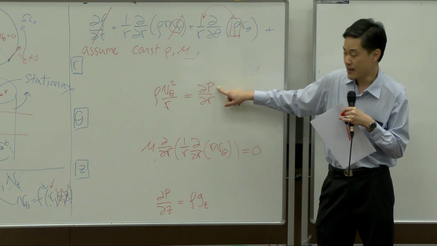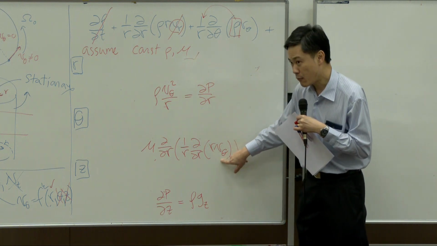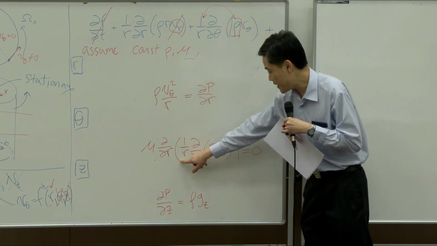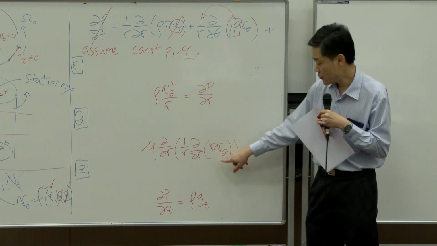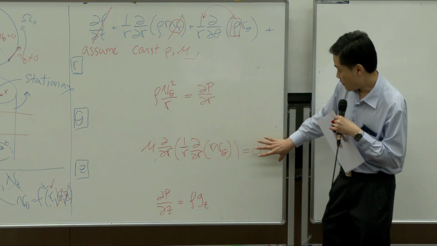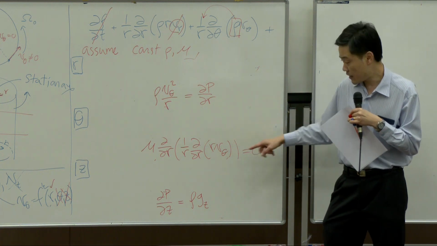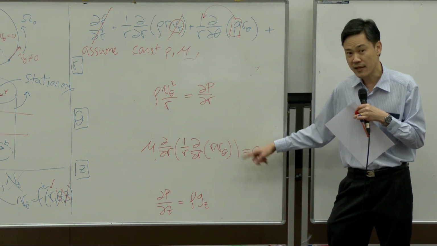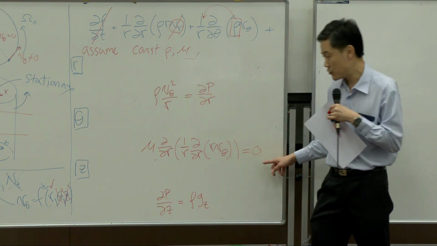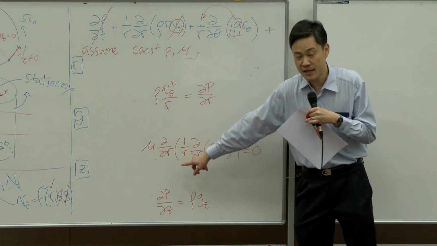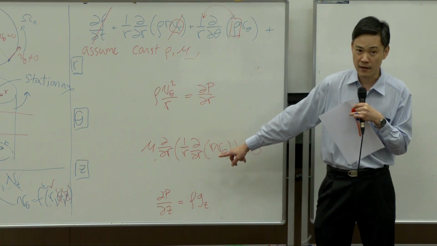Okay? Instead, if you pick this equation, all you have to do is integrating twice. You get V theta. On the right-hand side, it is 0. So the first integration gives you just a constant. The second integration is straightforward.